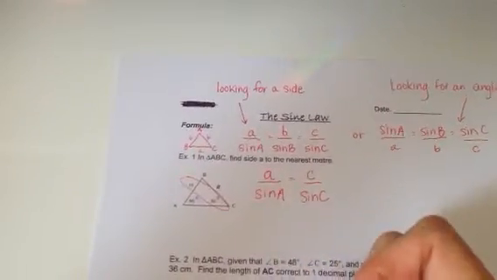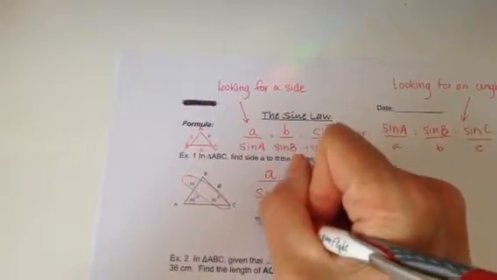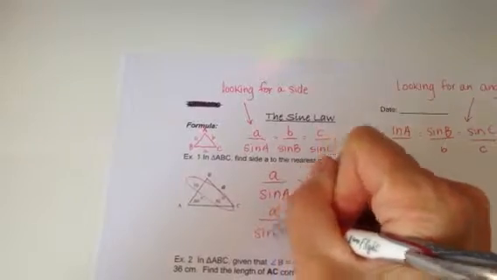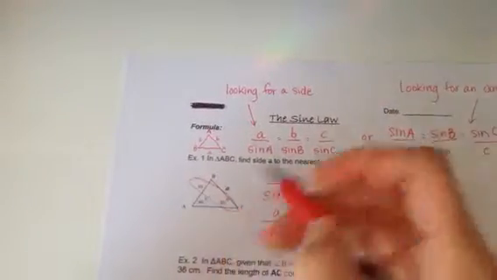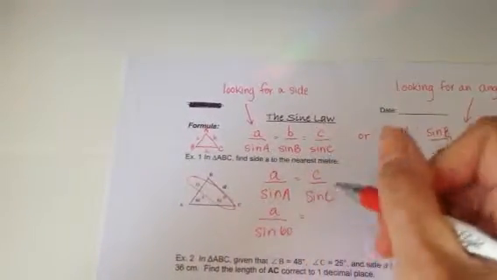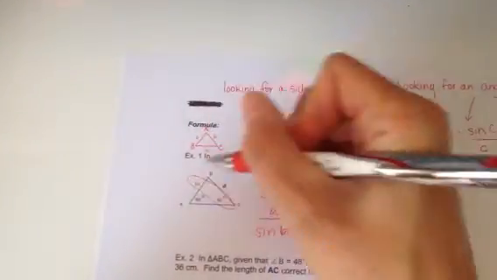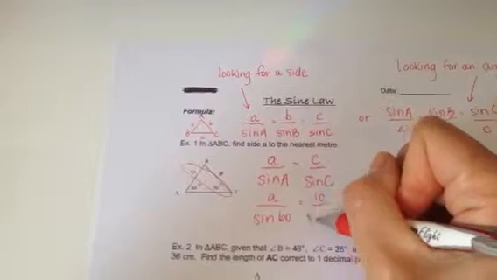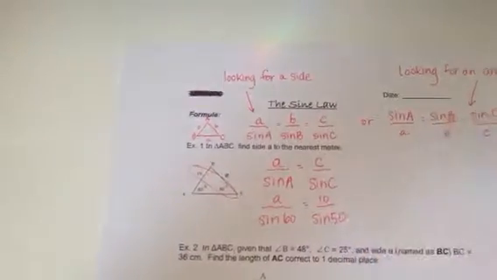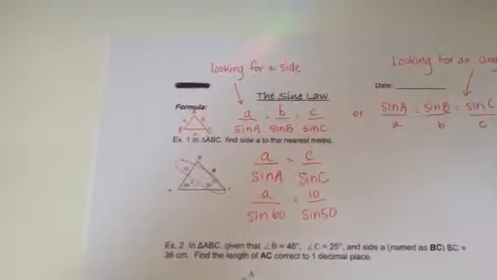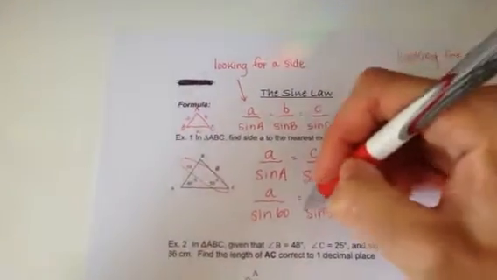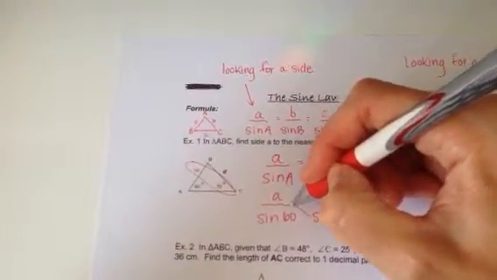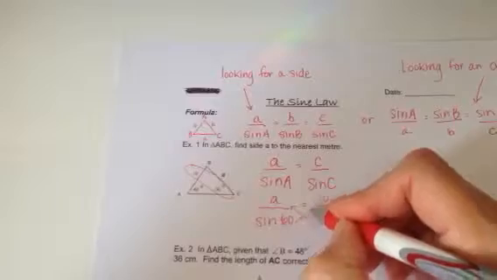So now we can just plug in our values. A is what we're looking for. Sine of A, so the angle is 60. Side C here is 10. And angle C is 50. From here, what you want to do is cross multiply. So you're going to multiply the sine 50 up and the sine 60 up.